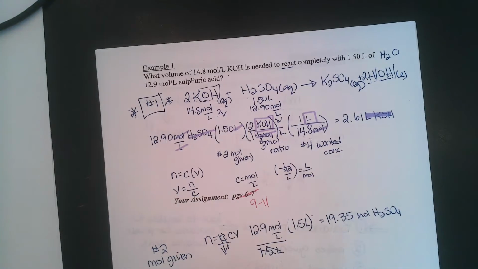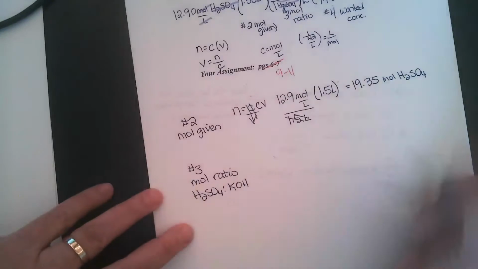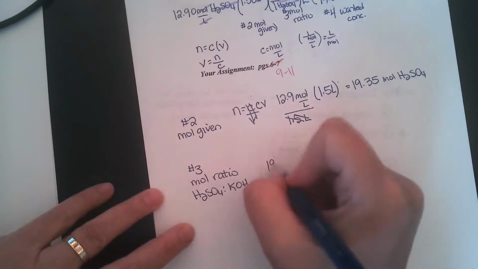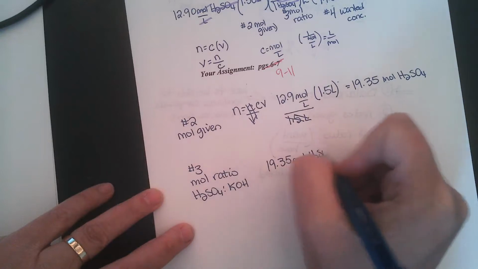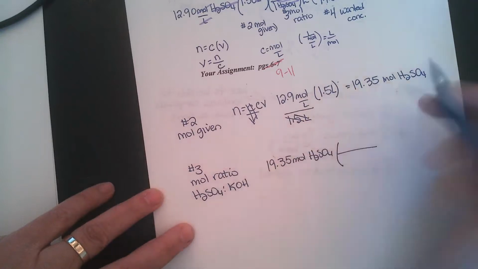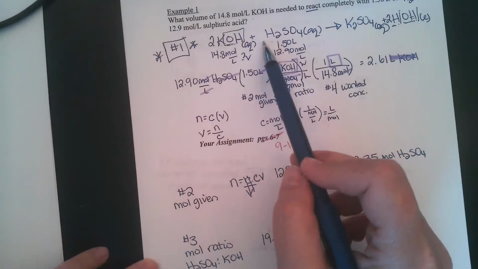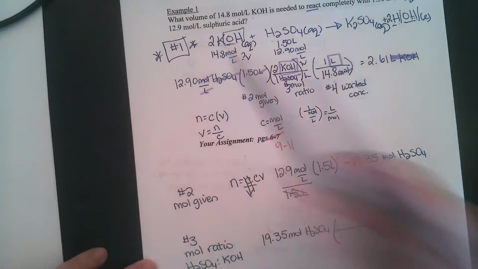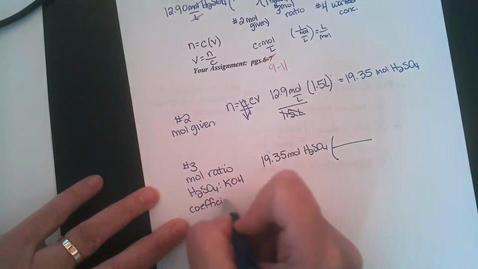I'm going to look at my mole ratio between H2SO4 and KOH. So from my reaction, I can see that I have 1 mole here and I have 2 moles here, because this is always from our coefficients in the reaction.